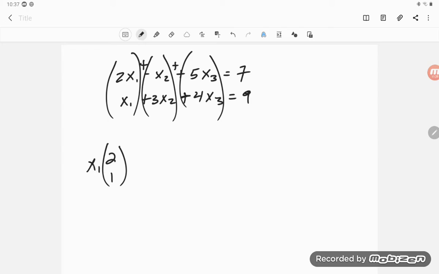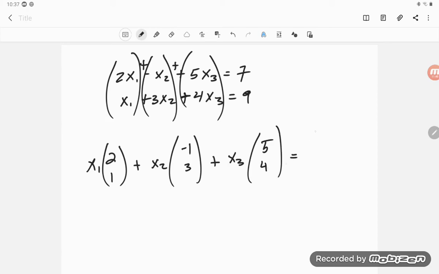So x1 is a scalar, and then I've got the vector 2, 1, plus x2 times the vector -1, 3, and plus x3 times the vector 5, 4, and that is the vector 7, 9.